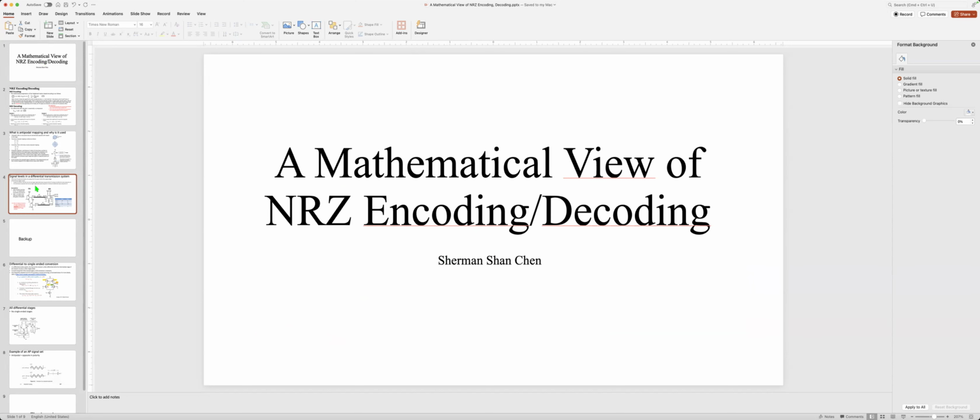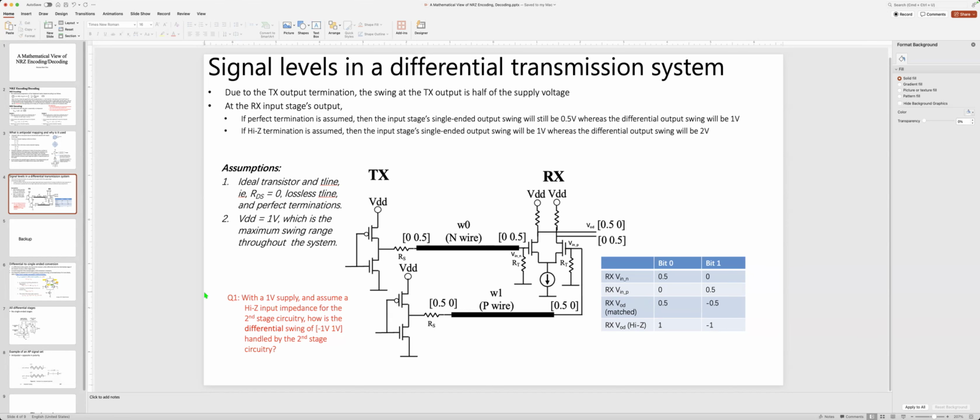Before we dive into today's presentation, let's answer the question I left in my last post on LinkedIn. A first stage circuit with a 1 volt supply, assuming a high Z input impedance for the second stage circuitry, has a differential swing of -1 volt to 1 volt to be handled by the second stage circuitry.